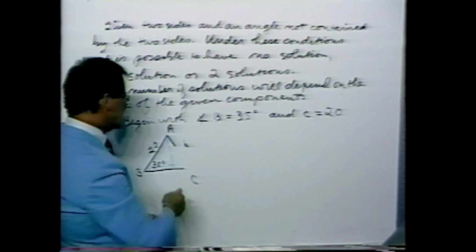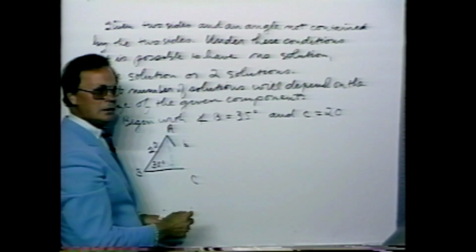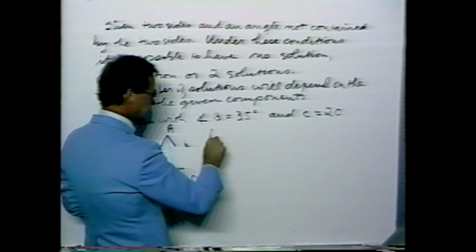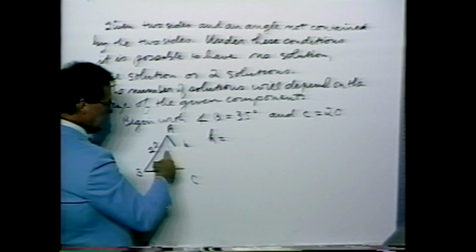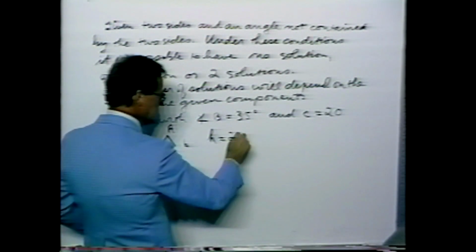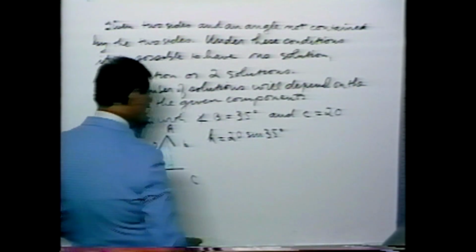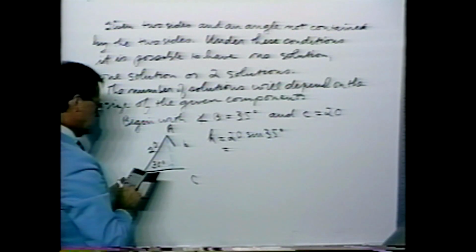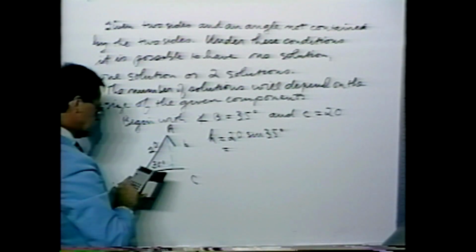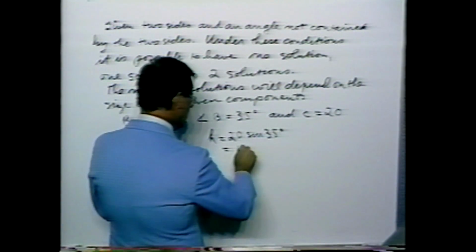In other words, the perpendicular, let's call it the height h, is equal to 20 sine 35 degrees.